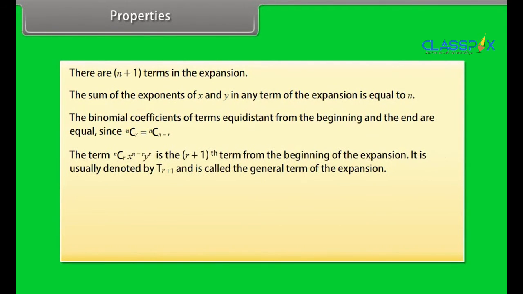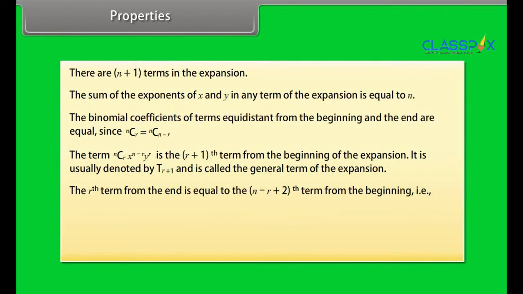The term nCr into x^(n−r) into y^r is the (r + 1)th term from the beginning of the expansion. It is usually denoted by t(r+1) and is called the general term of the expansion.